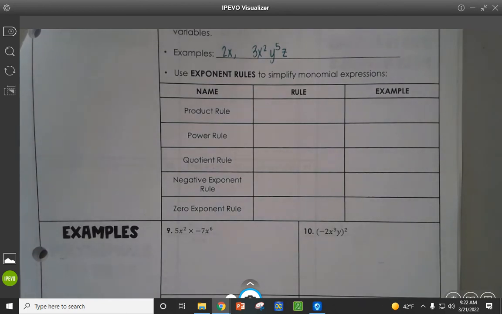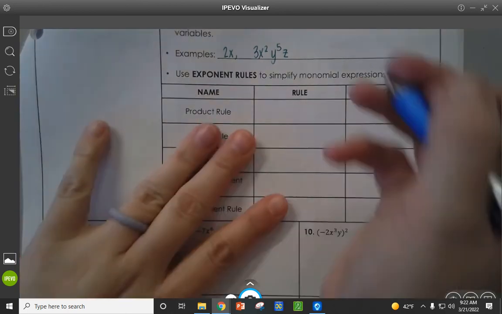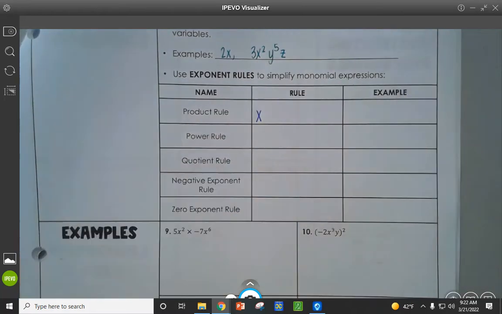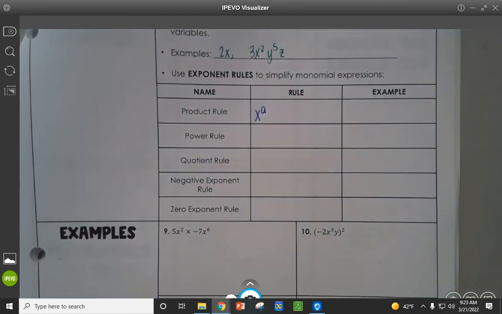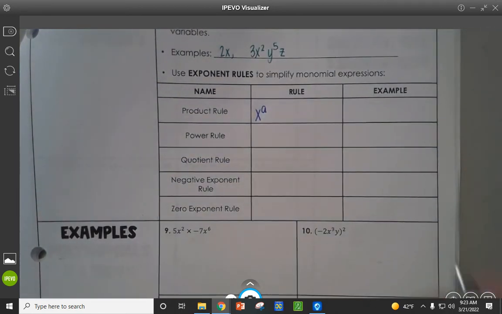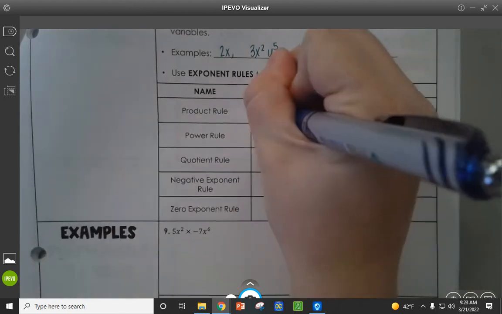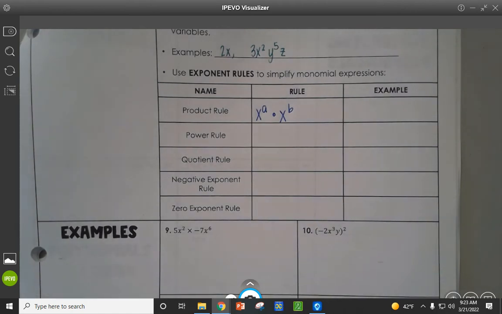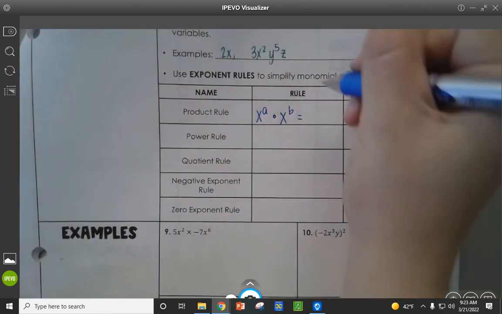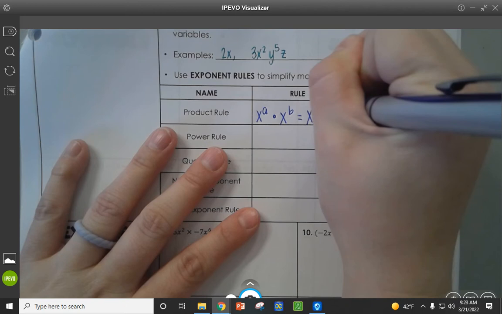And we're going to talk about the rules for exponents, specifically with some monomials here. So number 1, the product rule. So if I have x to some power, times x to the b power. I'm just x to some power times x to another power. What do we do with those exponents? You add them. If you are multiplying variables, you actually add the exponents.